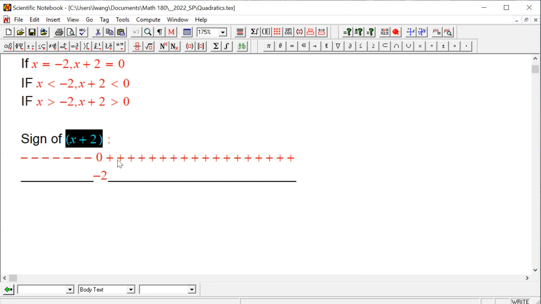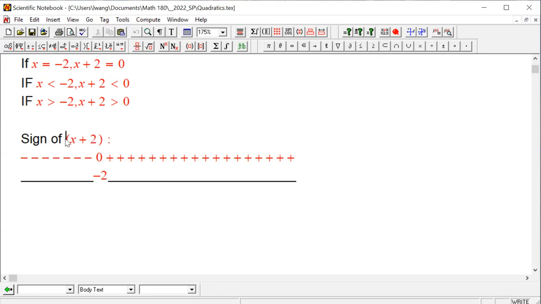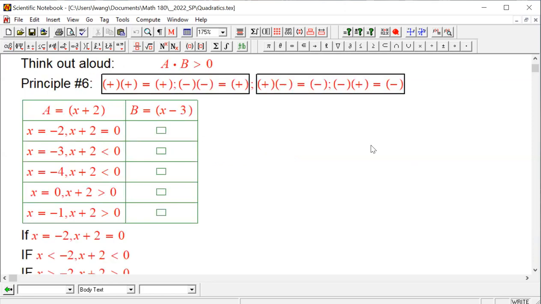And x plus 2 will be positive if you choose a value of x which is larger than -2. So this is called the sign distribution for x plus 2, and this distribution is on the entire number line.